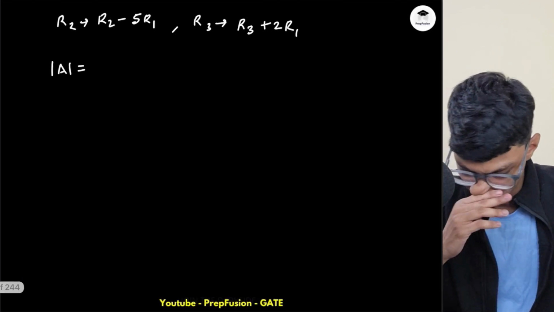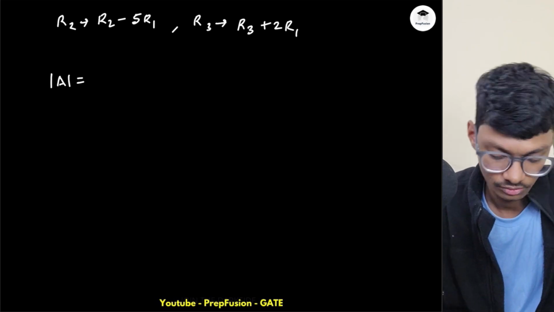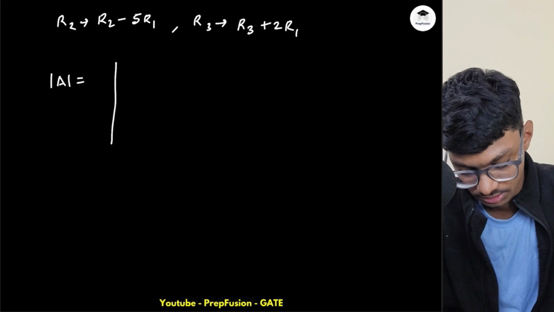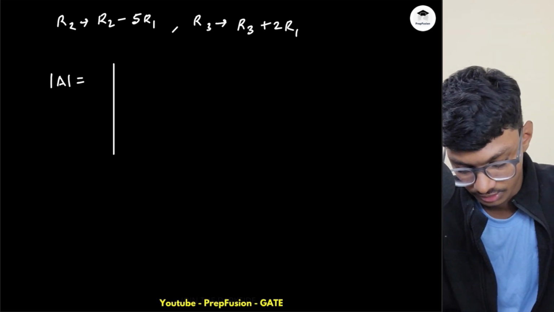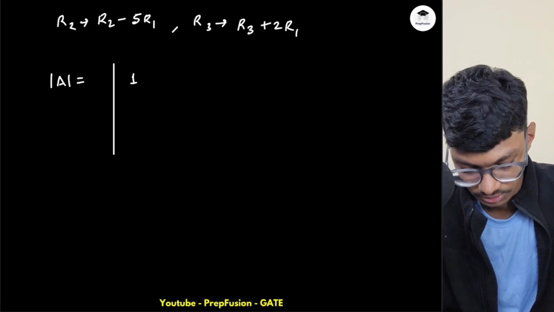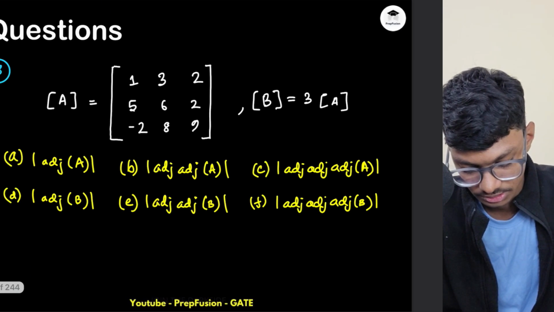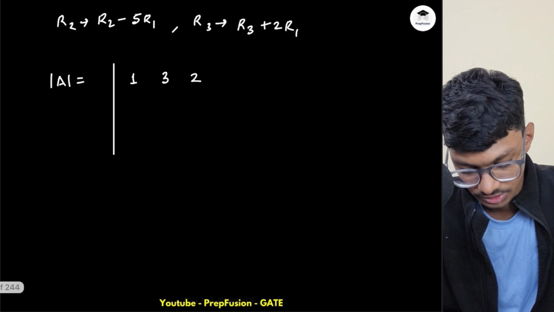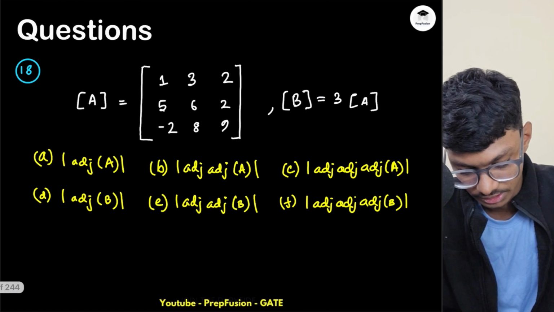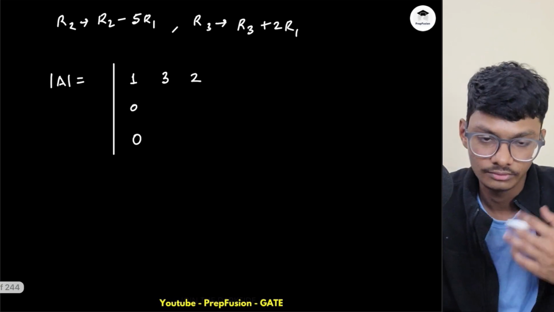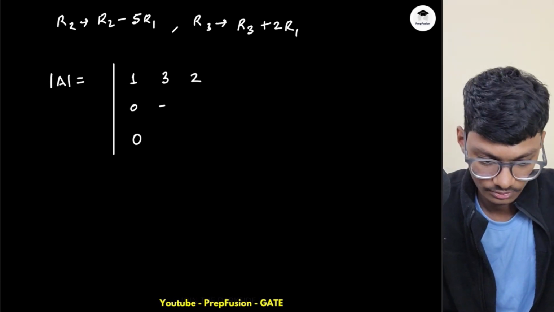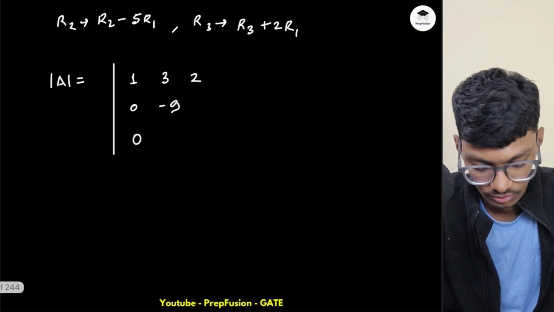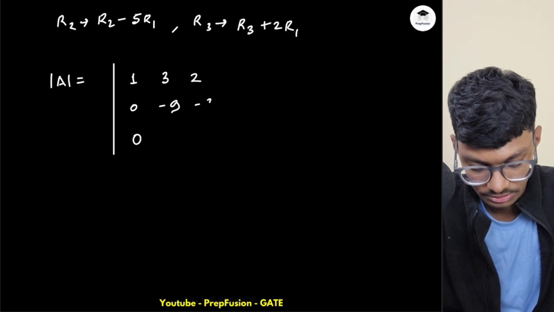Now what will the matrix become? The first row stays 1 3 2. Subtracting 5 times the first row, the first entry becomes 0, and the next becomes 6 minus 15, which is minus 9, and then 2 minus 10, which is minus 8.